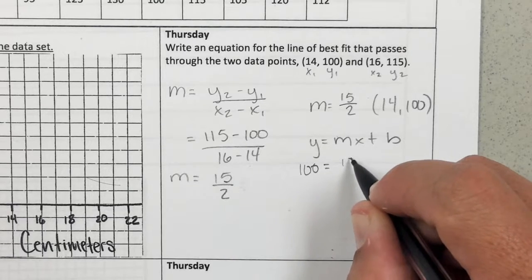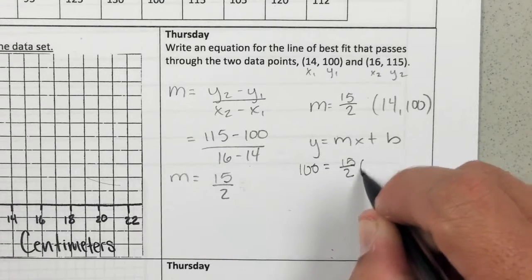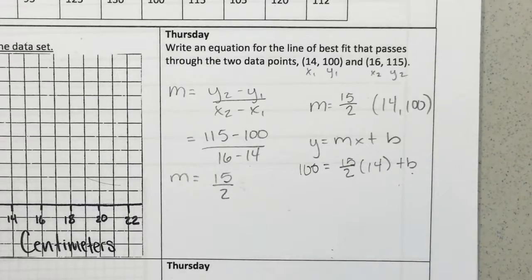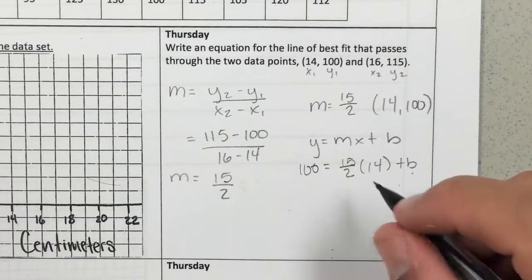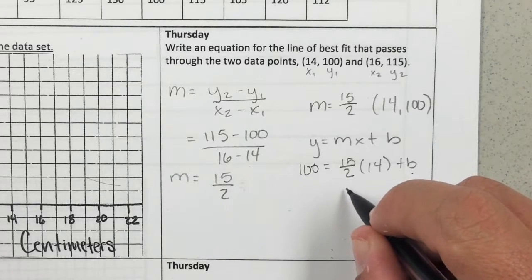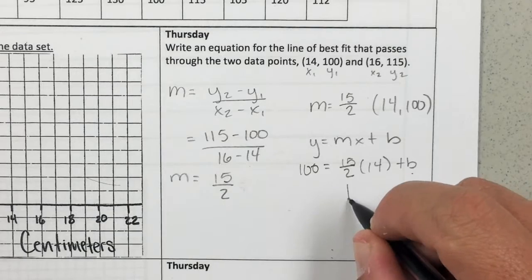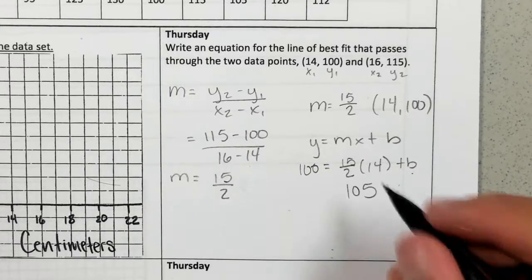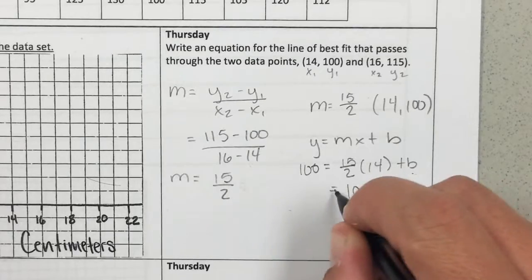The m should be 15 over 2 times 14 plus b. Alright. 15 over 2 times 14 is what? 105. Check me on that. Okay. Plus b equals 100.